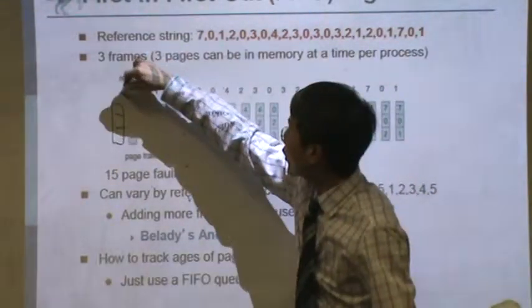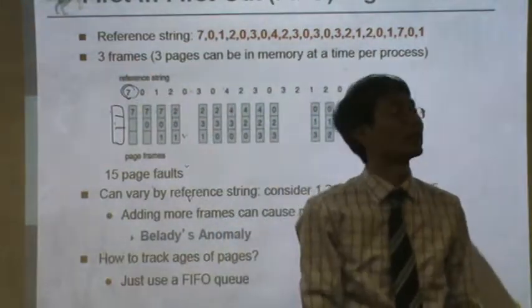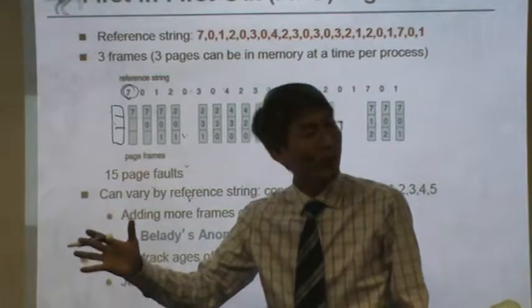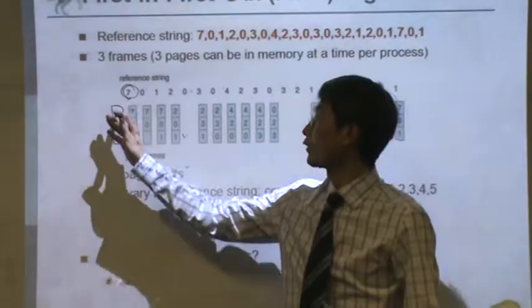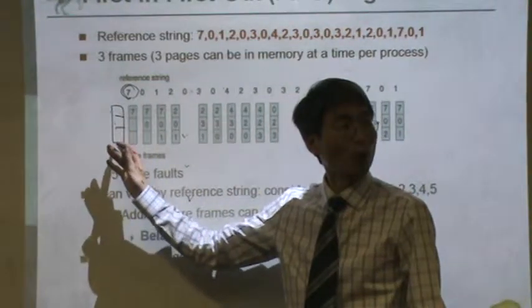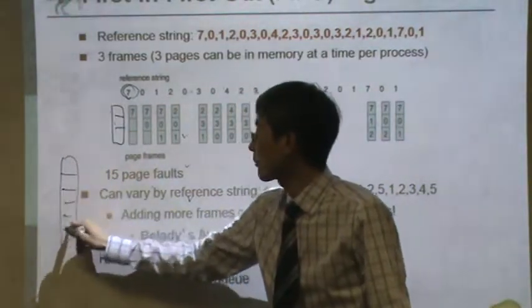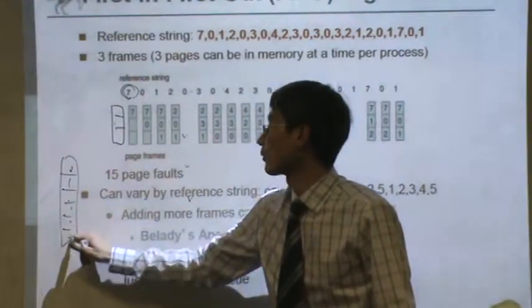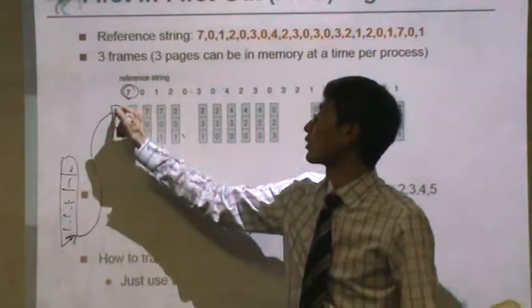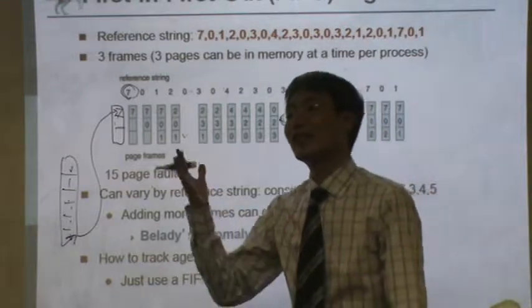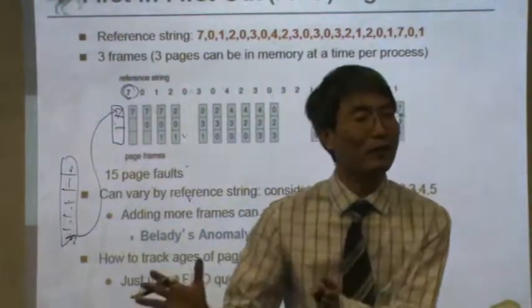So the CPU would like to read the data 7, which is in page number 7. Can you find it? No. So you need to load it. From your program, it is like this: 1, 2, 3. 7 will be loaded here. That indicates the 7. As I said, the numbers are there to simplify the problem.